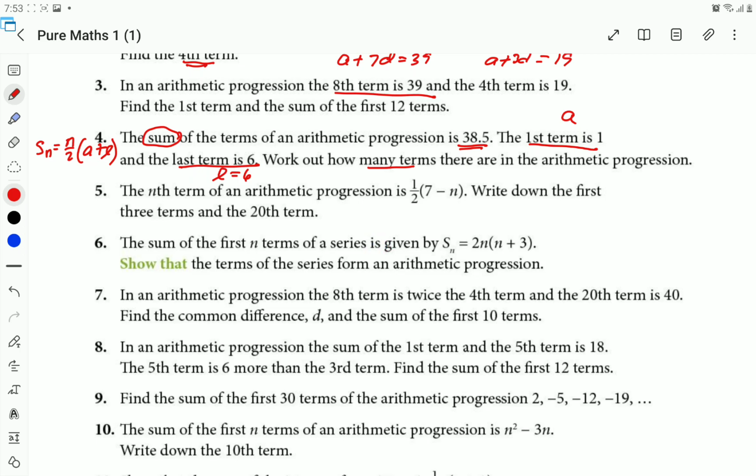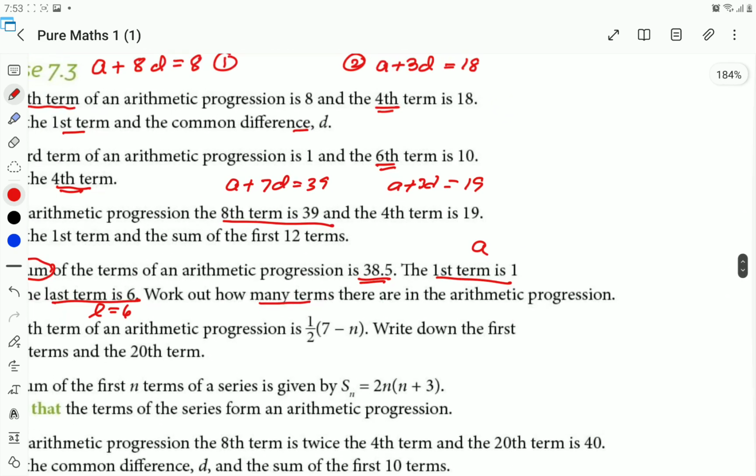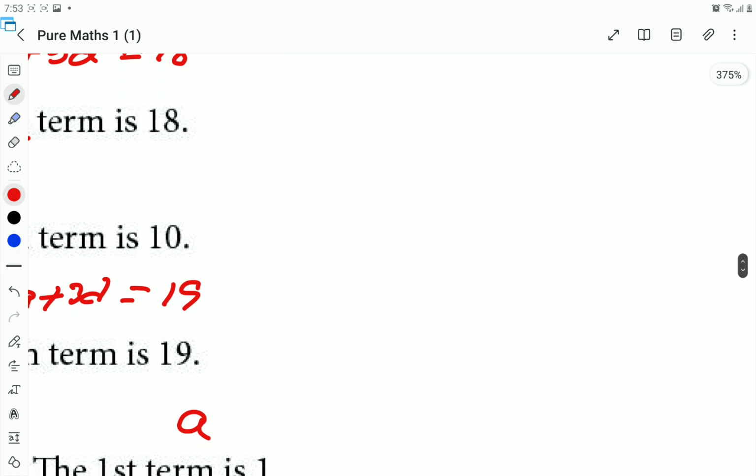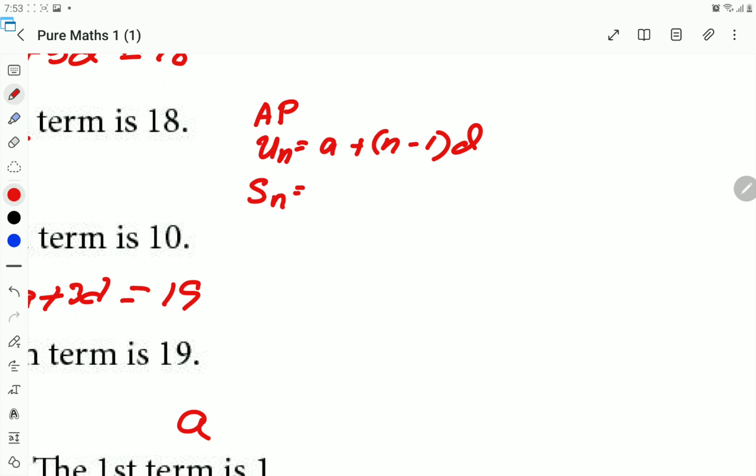So again, just to review the formulas that we have learned, let me write them here. The first one, in arithmetic progression, u sub n is equal to a plus (n minus 1) times d. And then we have said the sum of n is equal to n over 2 times the first term plus the last term.